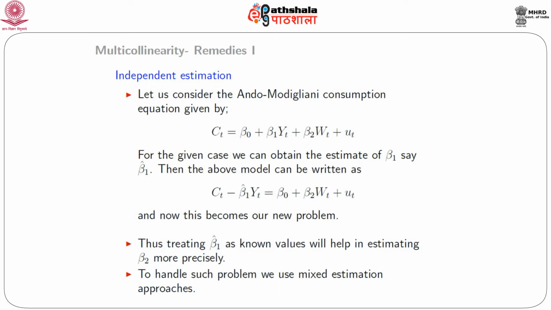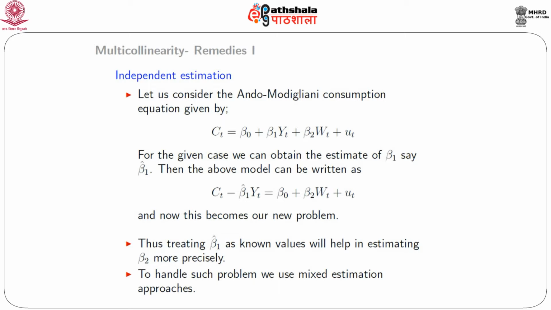For the given case, we can obtain the estimate of the parameter beta 1 corresponding to yt as beta 1 hat. Then the above model can be restructured and rewritten as Ct minus beta 1 hat yt equals beta naught plus beta 2 wt plus ut.